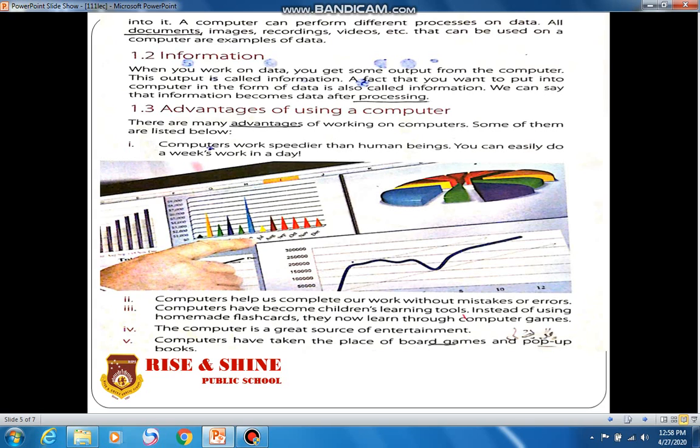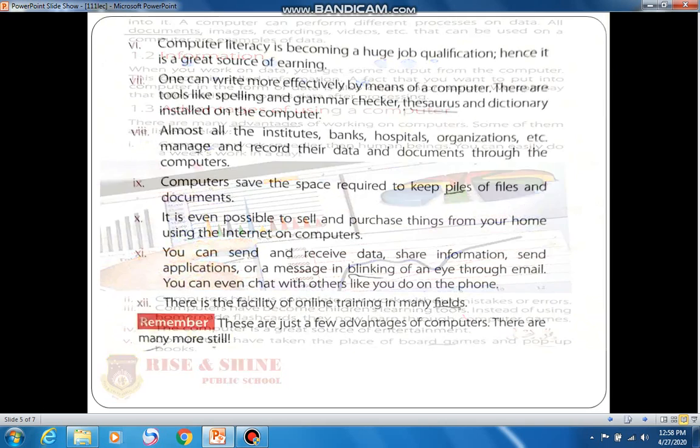We can play different kinds of games, board games that we used to play in the past. These games include Ludo, Scrabble, Monopoly. Now we can play even these games on the computer. We can read pop-up books. So instead of going to the market and purchasing the book, we can read the book on the computer.